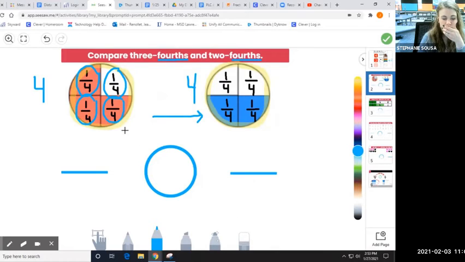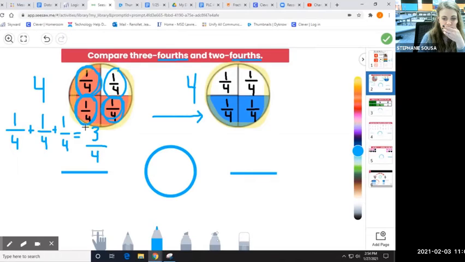Notice that I have shaded 3 parts on the left model. 1, 2, 3. 3 of my 1/4 parts are shaded red. We know that's the same as saying 1/4 plus 1/4 plus 1/4. When we combine these unit fractions together, we get a new fraction called 3 1/4.